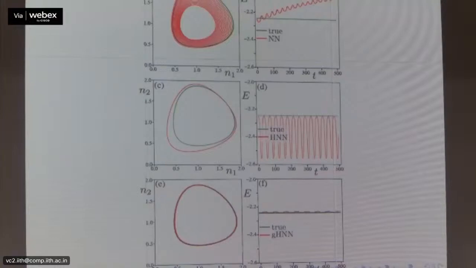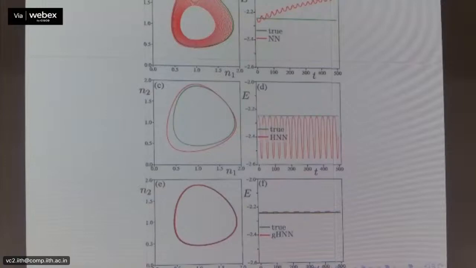So this is N1 and N2 populations. And this is a pseudo energy, as in the conserved quantity, which for the true system is simply a constant. For the neural network, it varies. So even the ancient learners get no prizes for guessing why.